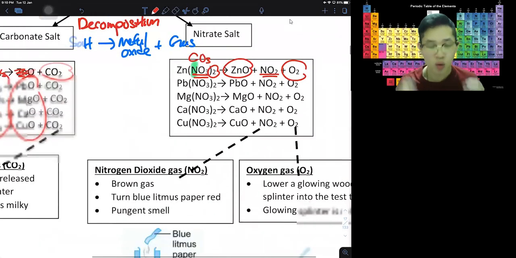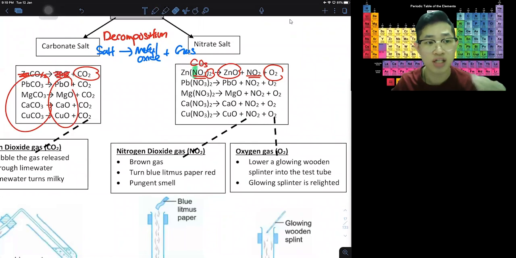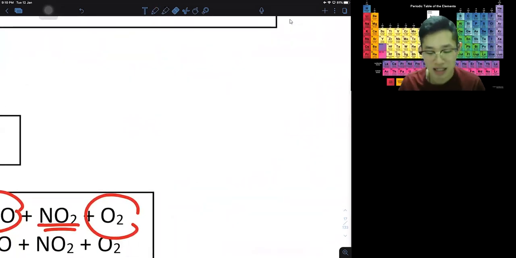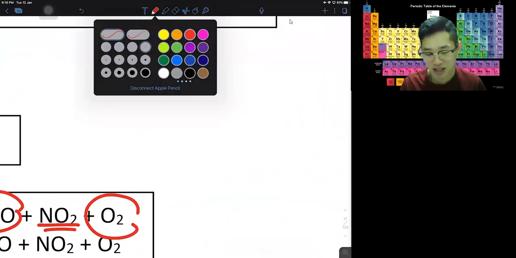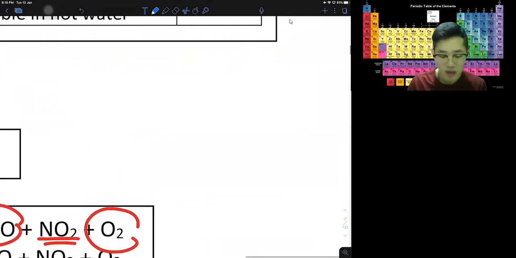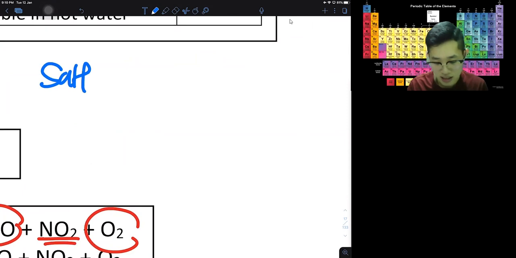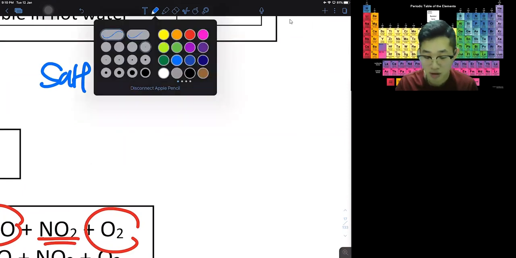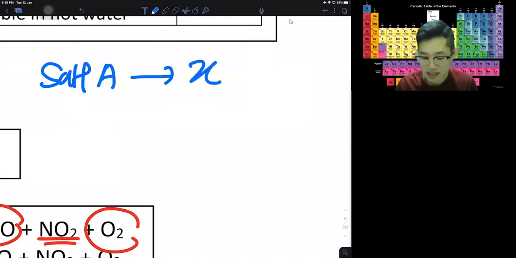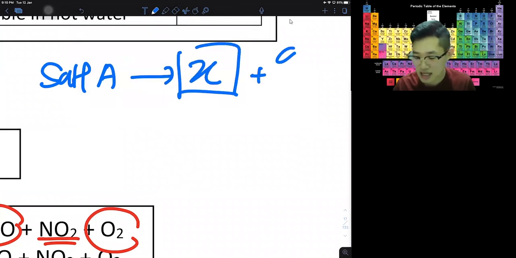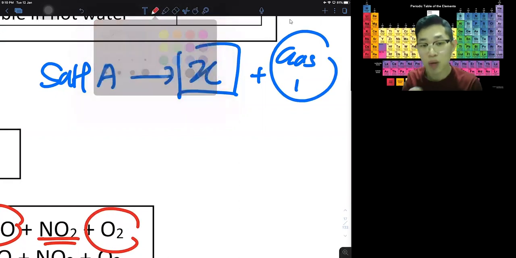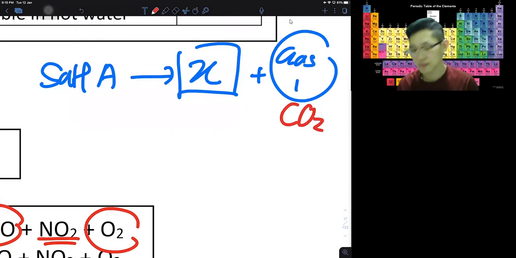So when they give you a question in the exam, this is what you can do. It's like a little shortcut, like a cheat, okay? When they give you salt A decomposing into metal oxide X plus gas, one gas only, then you will know that the one gas must be carbon dioxide.